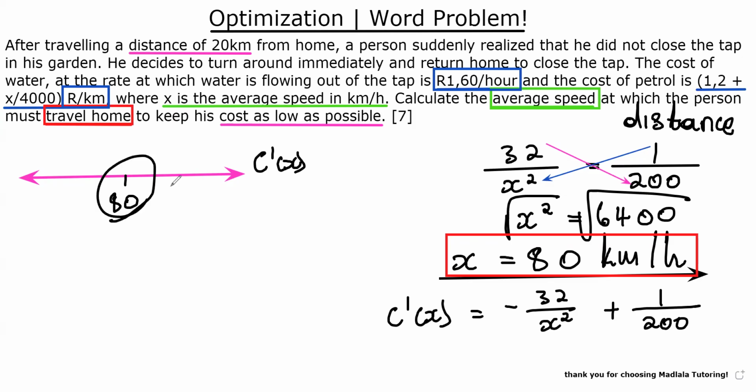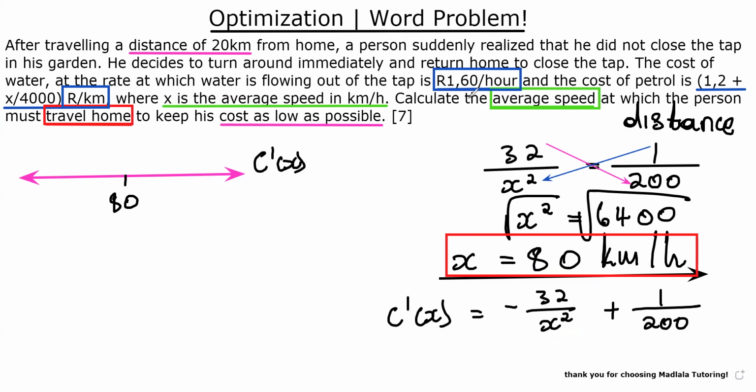Well, any value of x that is less than 80, the simplest one you can choose is 1. You can choose 1. So you substitute your 1 into the derivative of the cost function.